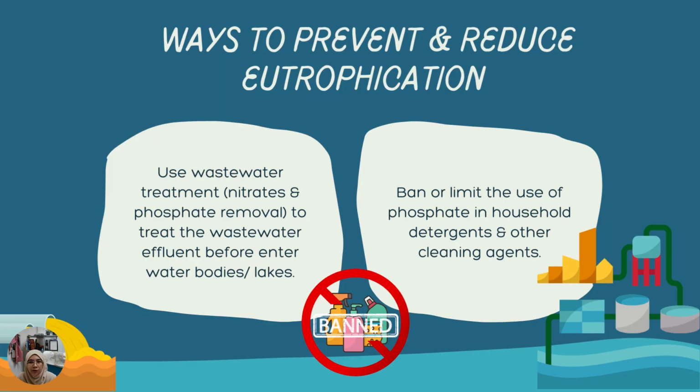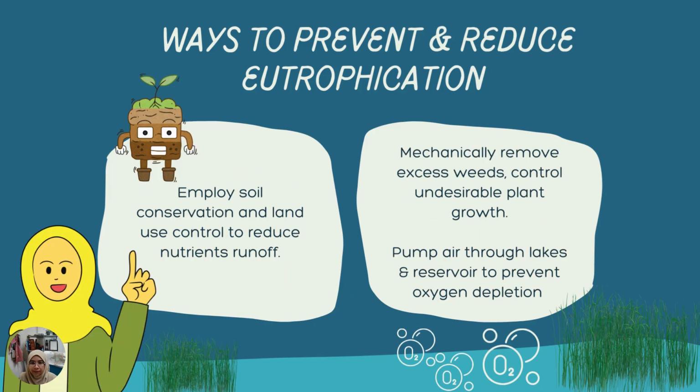Ways to prevent and reduce eutrophication. First is by using wastewater treatment, especially for nitrate and phosphate, to remove the nitrate and phosphate in the wastewater effluent before it is released into surface water, such as rivers and streams. Secondly, ban or limit the usage of household products or other cleaning agents that contain phosphate.